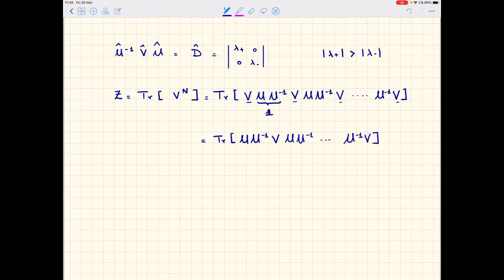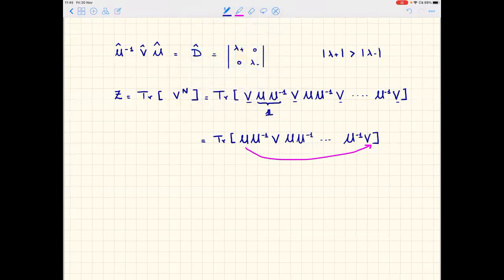And now I can use the invariance property of the trace, right? The trace is invariant under cyclical permutations, which means essentially that I can take the first guy and put it at the end, and nothing is going to change.